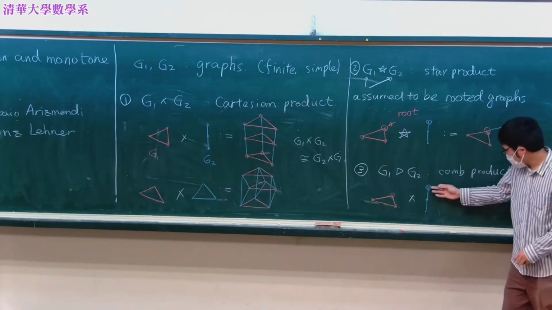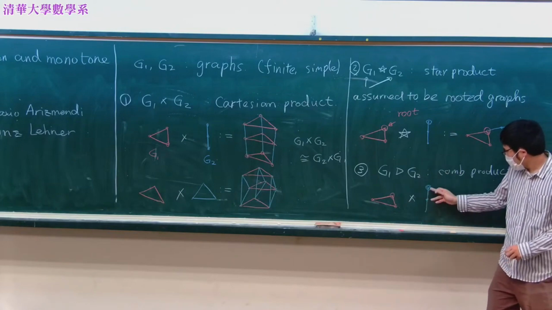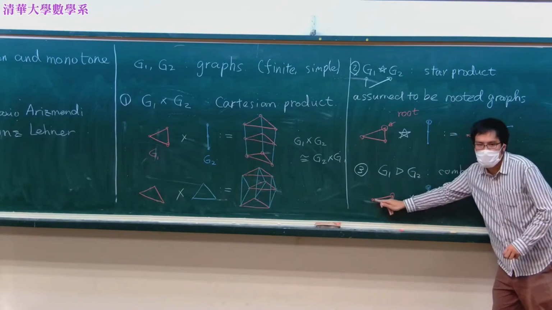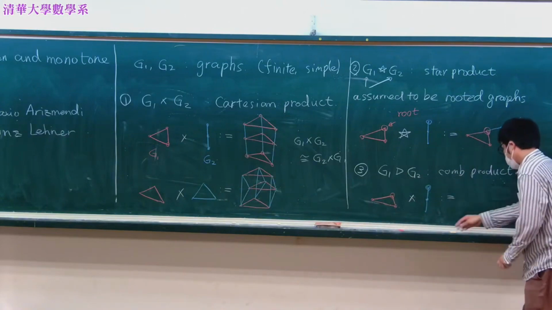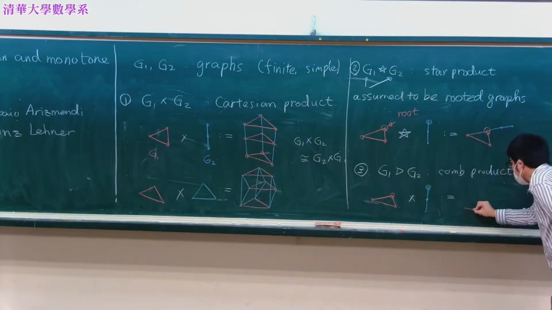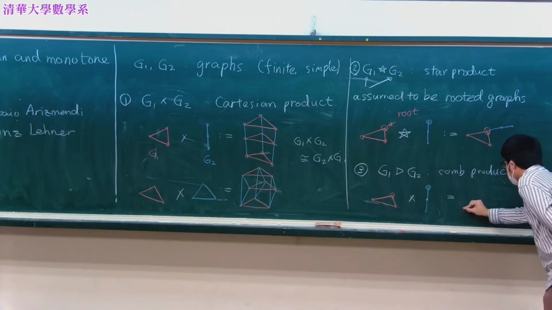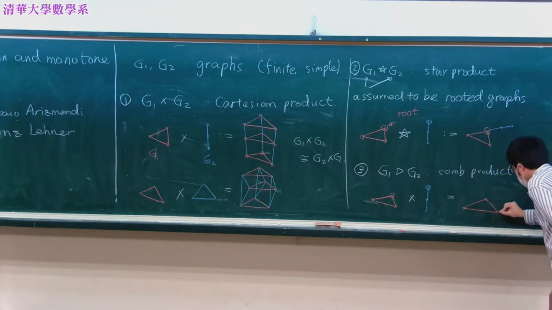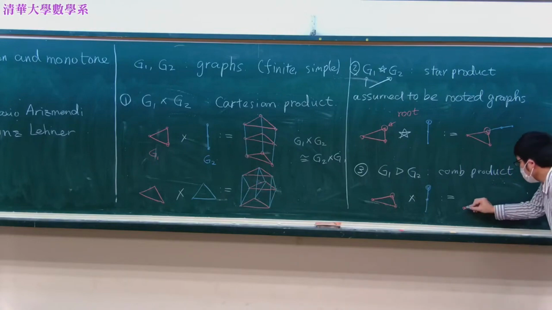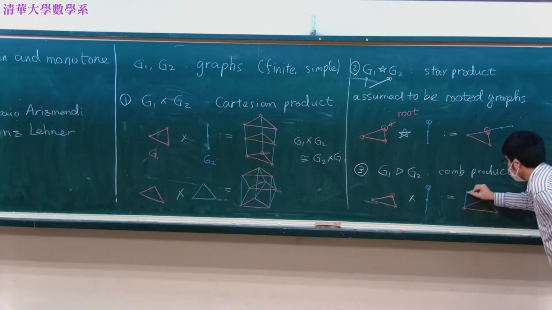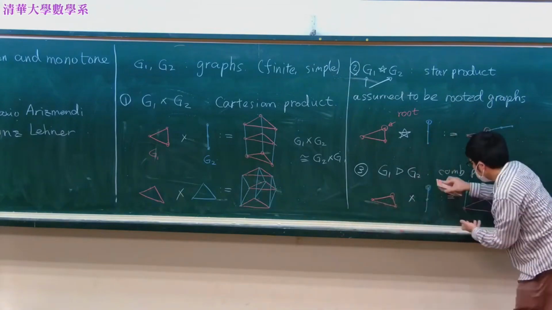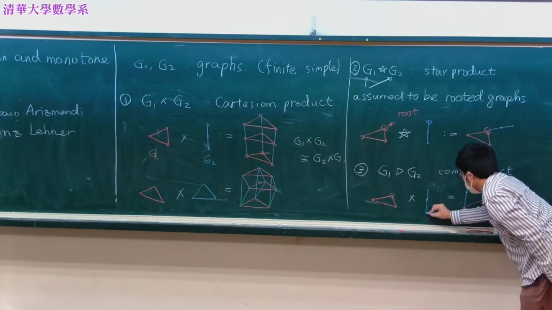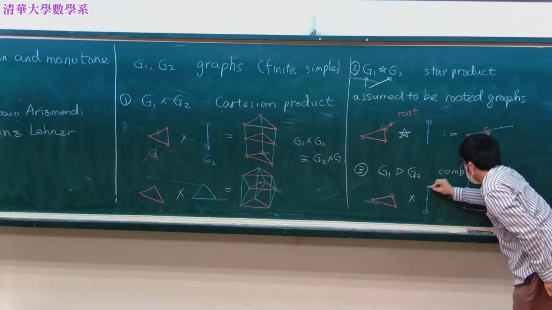You just put the second graph to each vertex of the first graph. So what you get is this, and maybe better to write the root at the bottom.